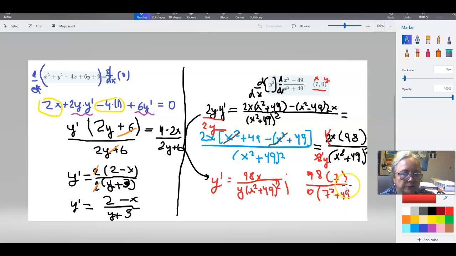We know that this product will be 0 at the bottom, and we divide by 0. So the slope of the tangent line at the point 7, 0 is undefined. What does it tell you? What kind of tangent will be at that point? Undefined slopes we have for vertical lines, so the tangent line is a vertical line at this point, 7, 0.